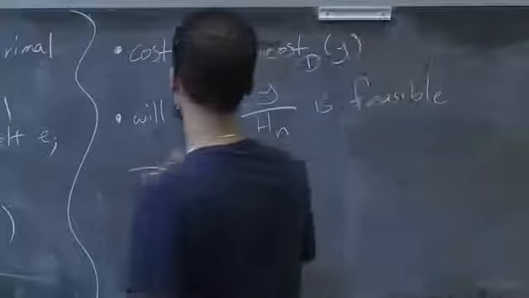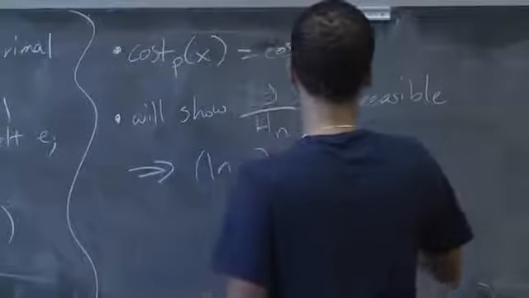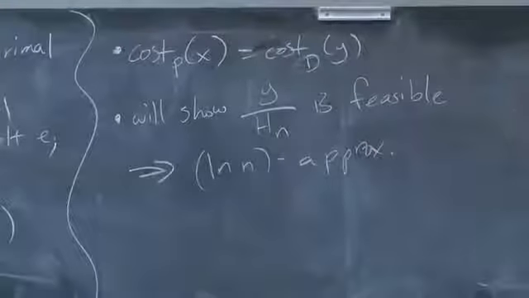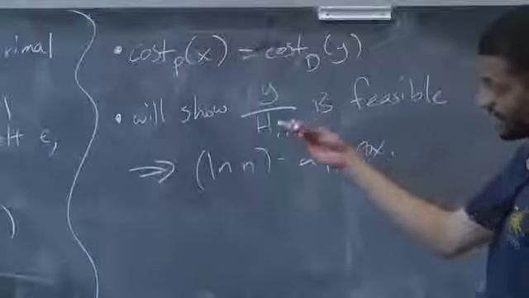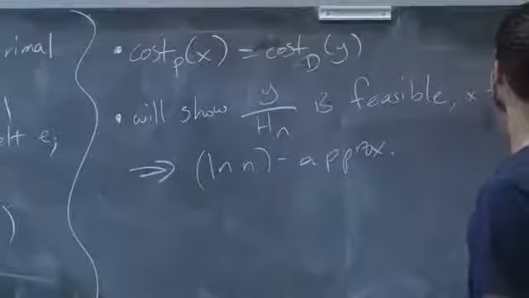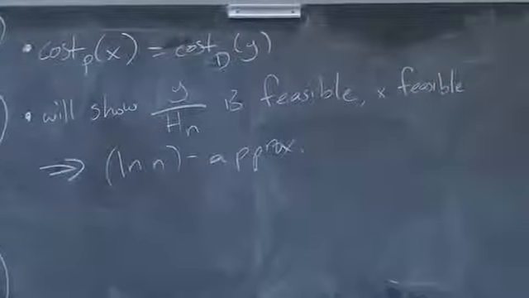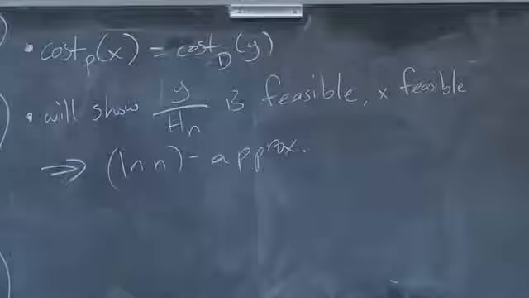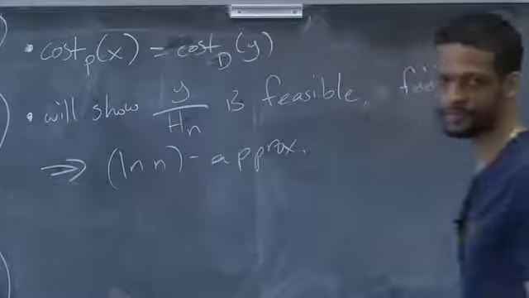And that's going to imply a log n approximation. I should also say the primal will be feasible, because we keep doing that while loop as long as there's a constraint that's violated. Okay, so now we just need to show this.